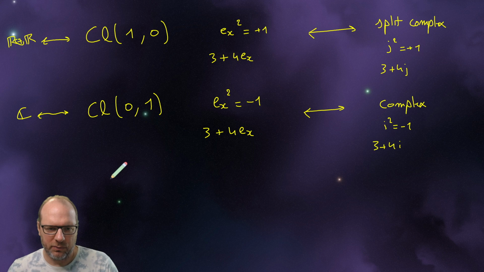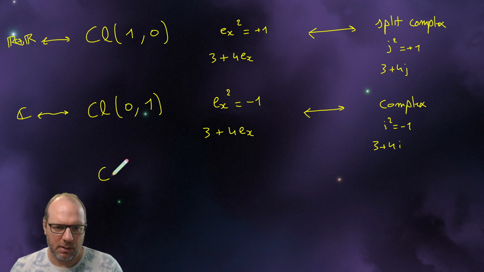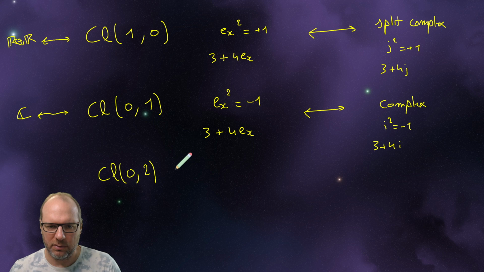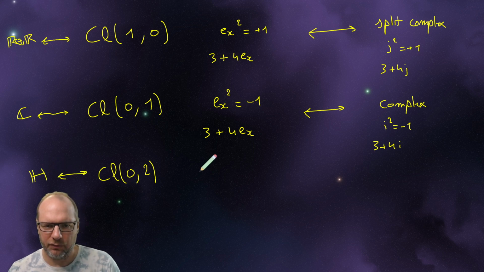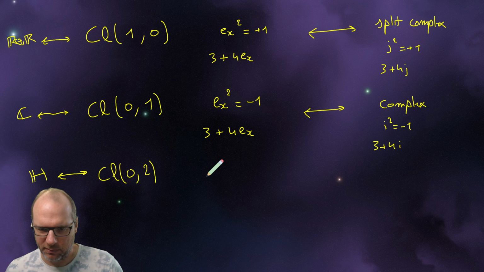And for example, we can construct the quaternions with this Clifford algebra with 0 positive elements and 2 negative elements.